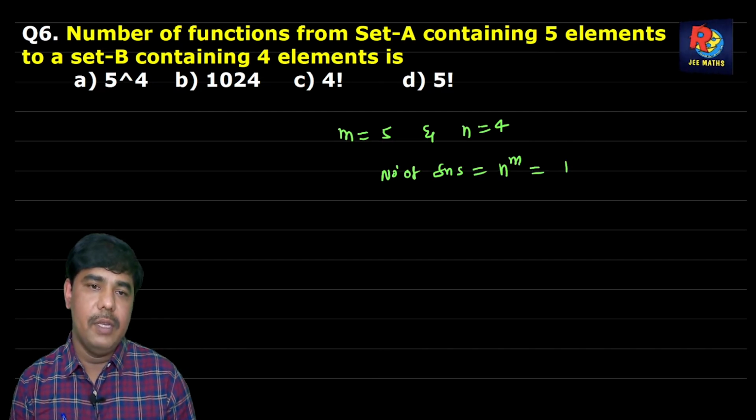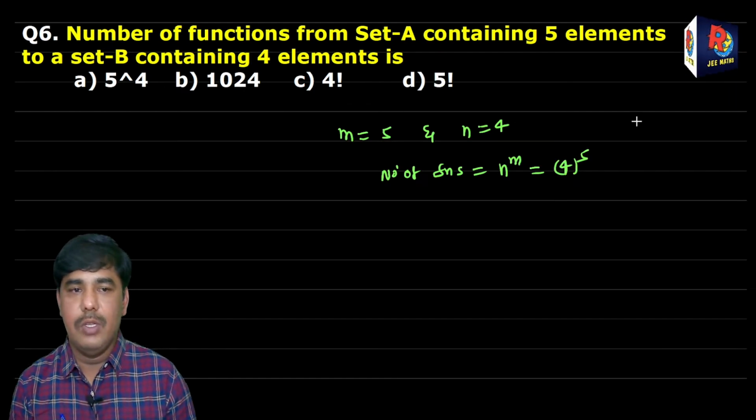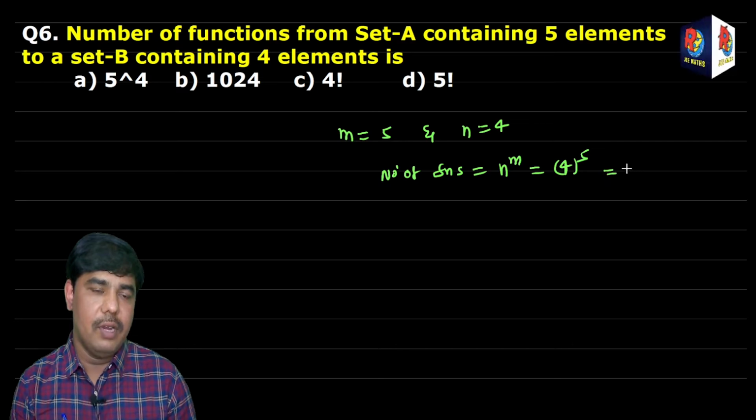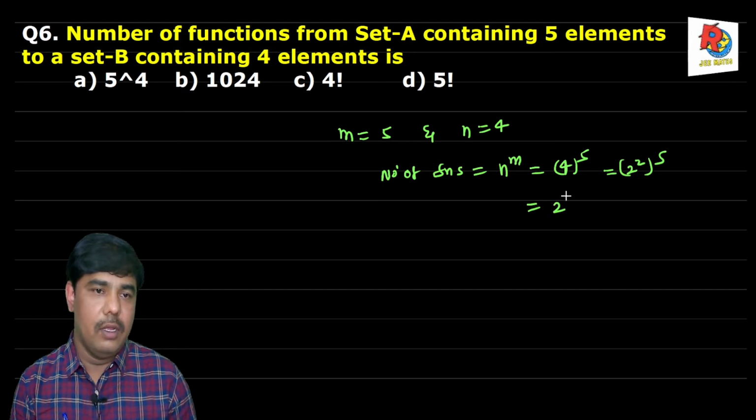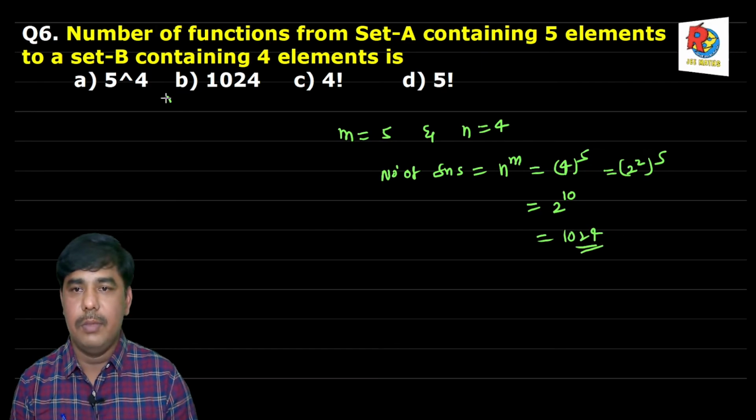N power m means 4 power 5. So 4 power 5 means we need to simplify. 4 power 5 means 2 square power 5, that is nothing but 2 power 10. 2 power 10 means 1024 is the answer. So option B is the correct answer.